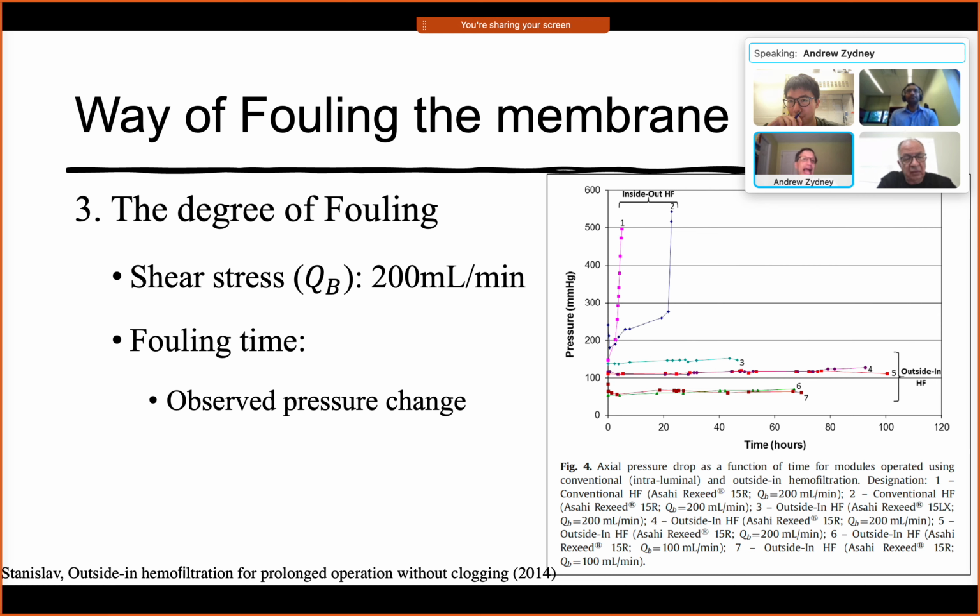And so, if I had to guess, fouling will be much worse in the outside-in configuration, but it may not be a realistic type of fouling, because if you ultimately are going to switch to having a selective barrier on the outside of the filter, most of that's going to disappear, because the BSA would then only foul the outside of the membrane instead of the inside of the membrane.